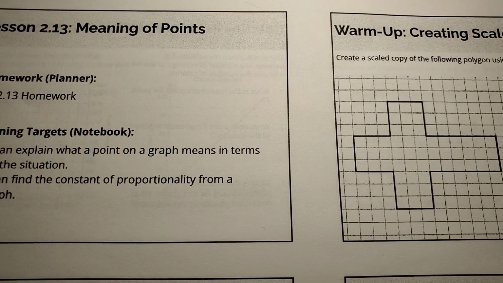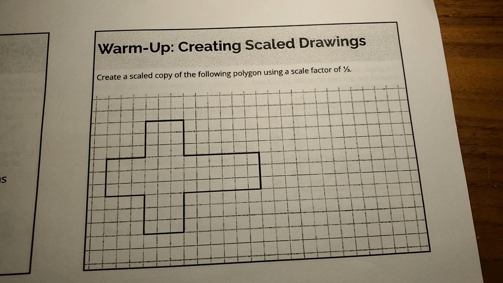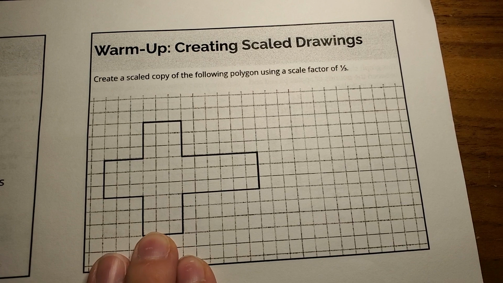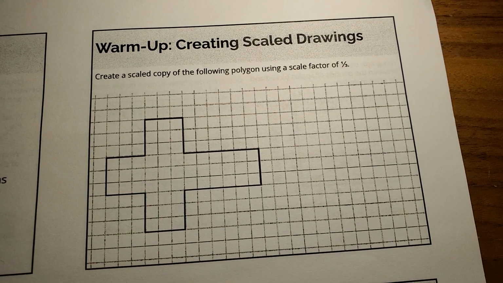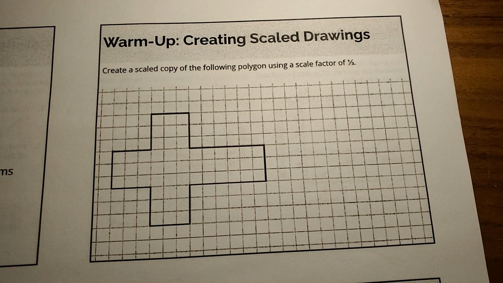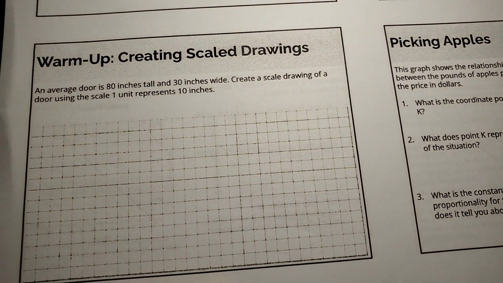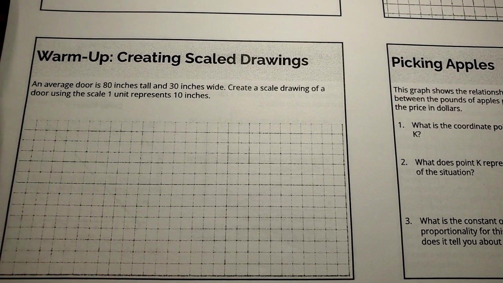All right, so we have 2 slides for our warm-up today. The first slide is creating a scaled copy. We have this polygon and they want us to scale it down using a scale factor of 1/3. And on the next slide, we are creating a scaled drawing of an average door.